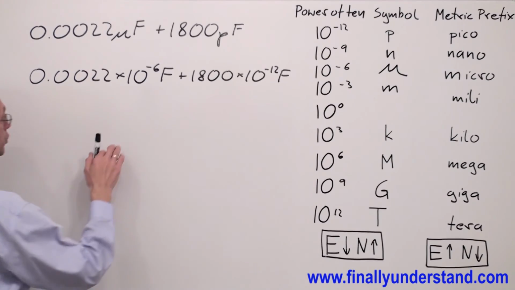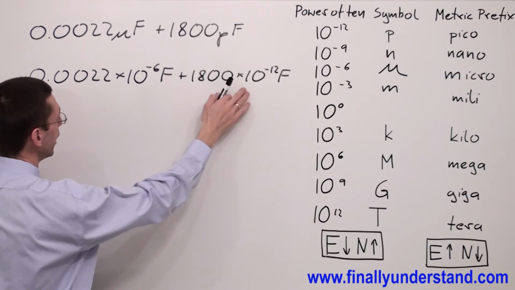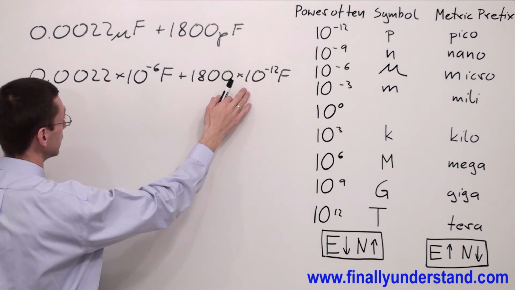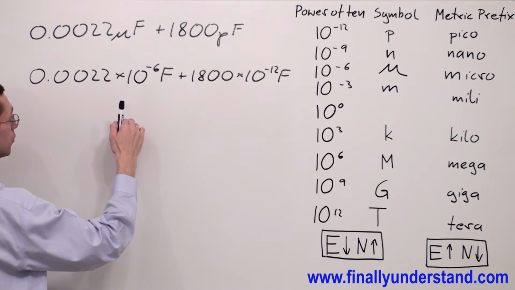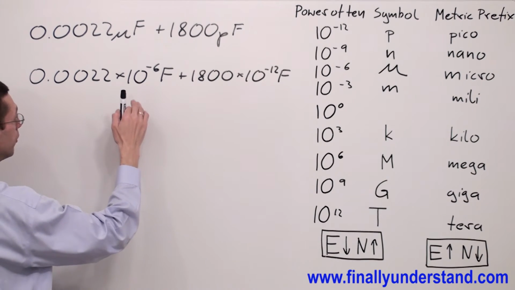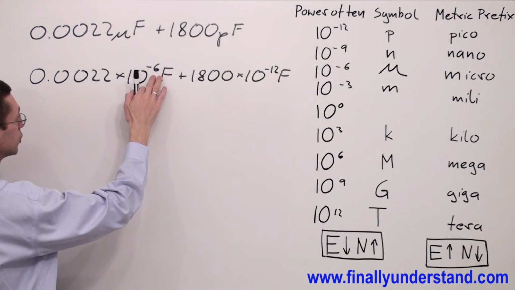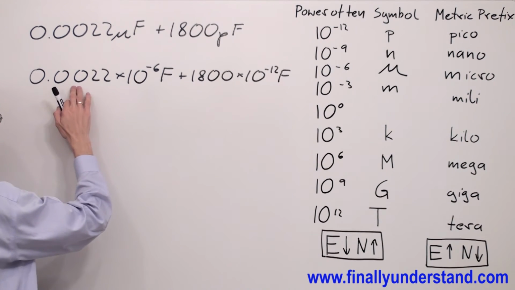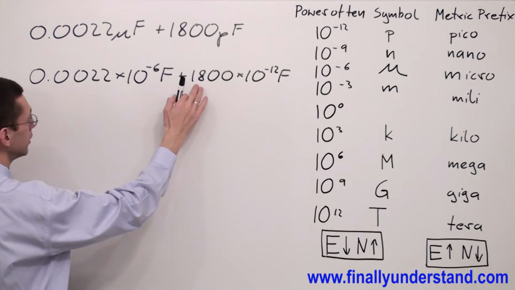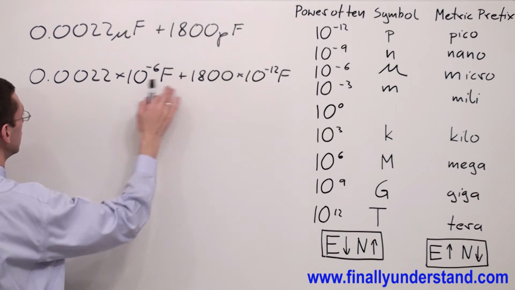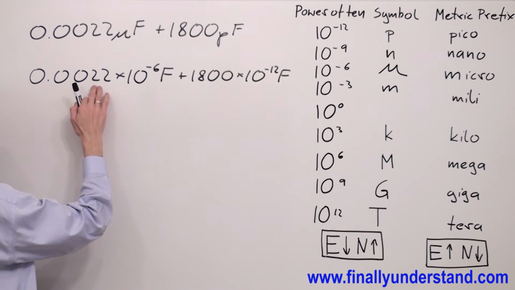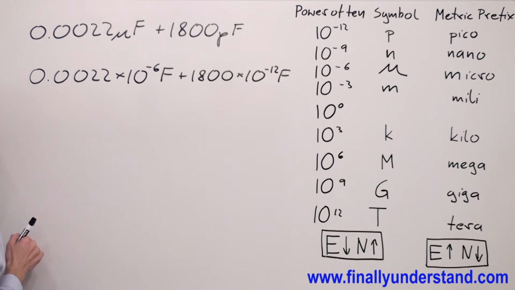Next, we have to make sure that these two powers of 10 are going to be identical. Someone is going to ask, what exponent I'm supposed to convert to what? I'm going to convert negative 6 to negative 12. Why? Because this number is smaller than this one. I'm talking about 1800, and this is like 2.2.